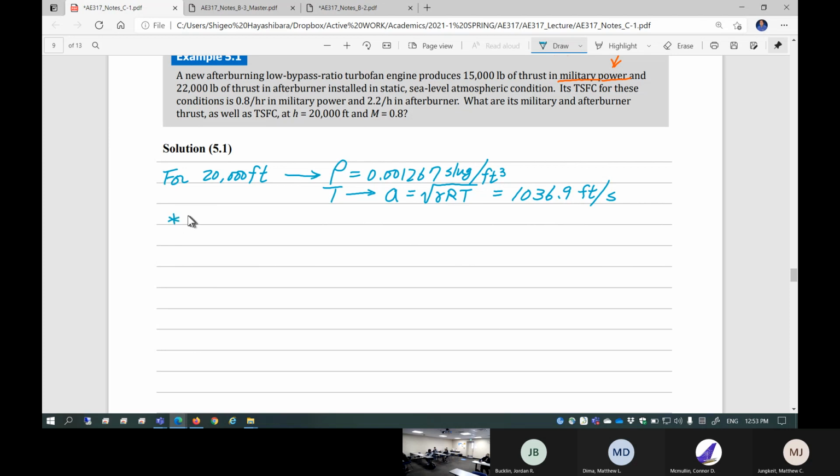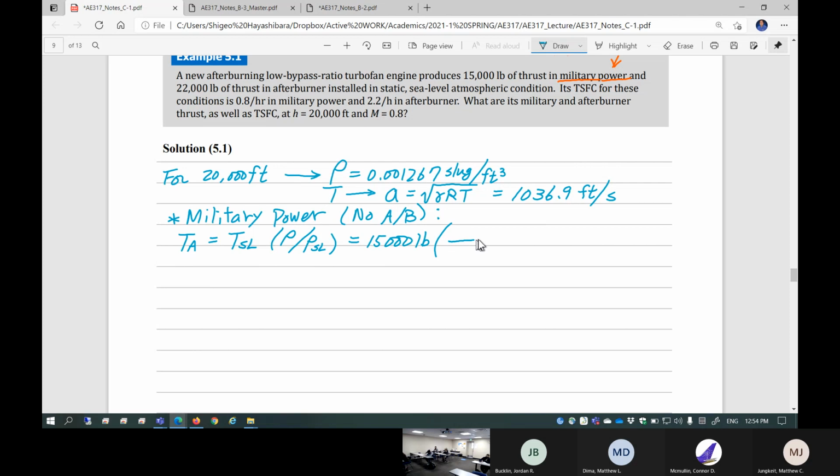So first of all, military power, no afterburner. This means you don't use afterburner. Thrust available is thrust at sea level multiplied by the density ratio, density over density at sea level. Thrust at sea level is given by catalog spec, 15,000 pounds.